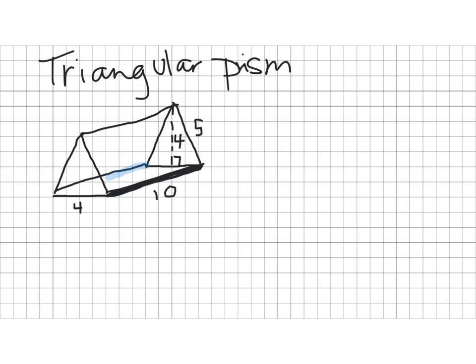All right, so I'm going to start with the base here. And that was a 4 by 10. Then I know that there are these triangles that are connected on either side. So I'll do those next.